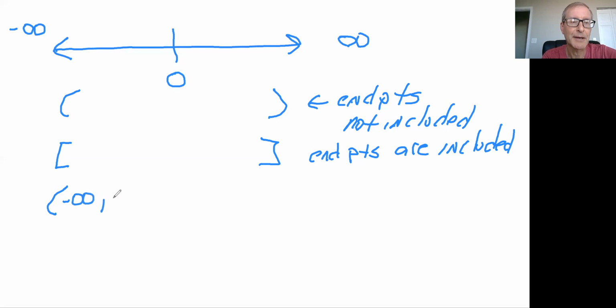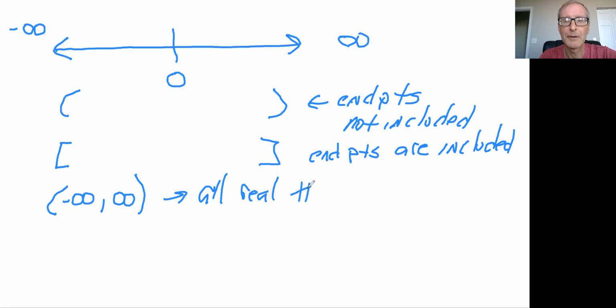So whenever you have infinities, you always want to use the parentheses because it's a concept that it goes all the way out to forever. Positive infinity goes to the right on the number line and negative infinity goes to the left. So this indicates all real numbers.